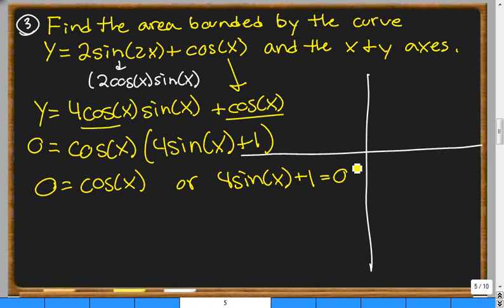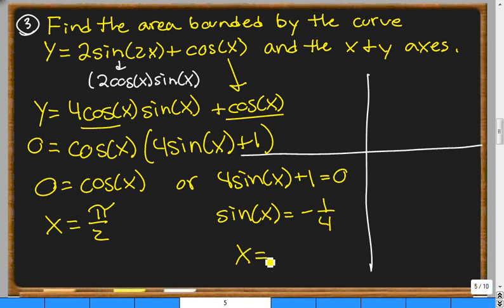So x is going to be here. The first place is going to be pi over 2. And when is sine of x going to equal negative 1/4? That's going to happen past that point, later on, which we can actually avoid.